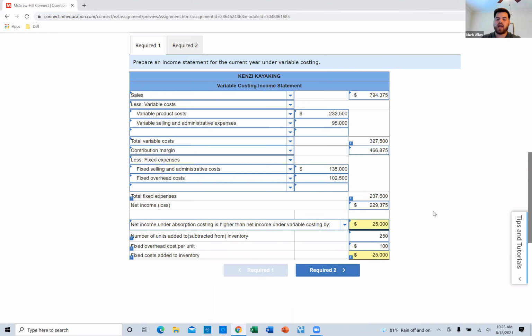Now, even if this is not asked of you, I do think it's not a bad idea, especially in the homework, even if a question doesn't say to do this particularly, I still think it's a good habit to get into, to just run yourself through that process, just to make sure you're getting comfortable with it. The more times you do this, the more times you see this, the more likely you are to remember it. So make sure you're doing that.